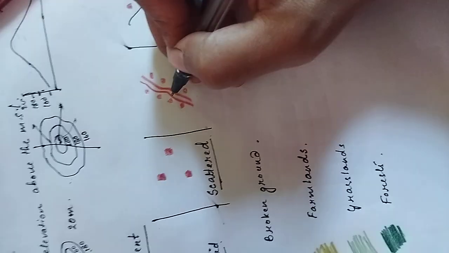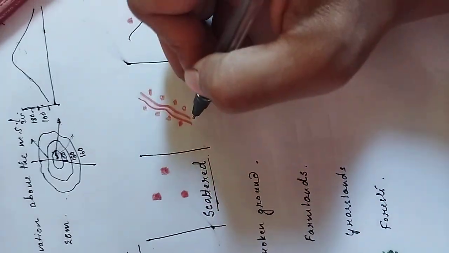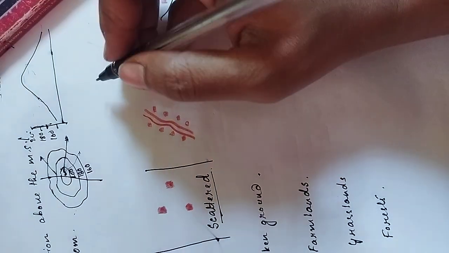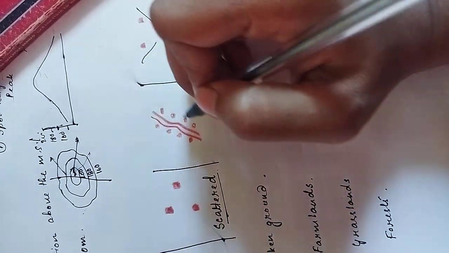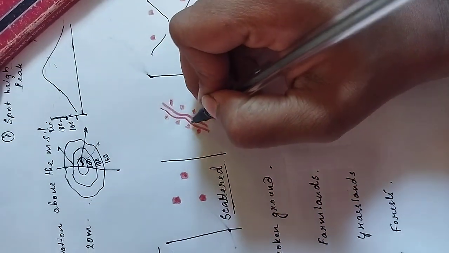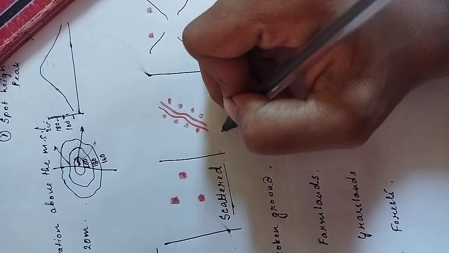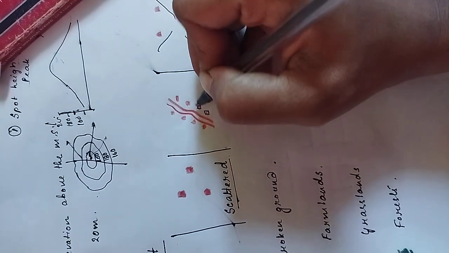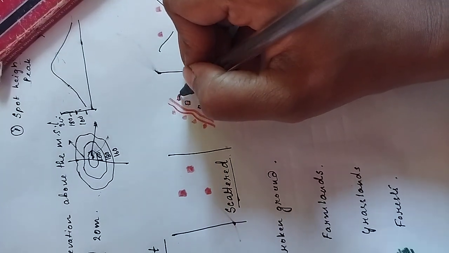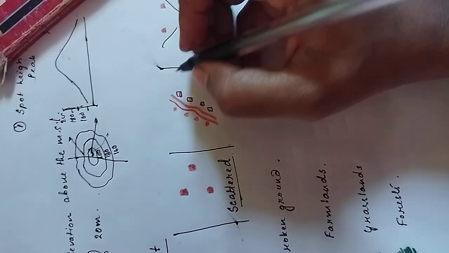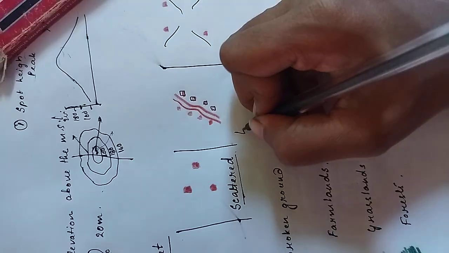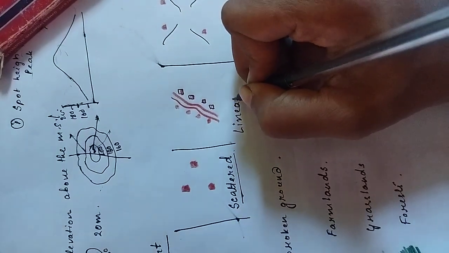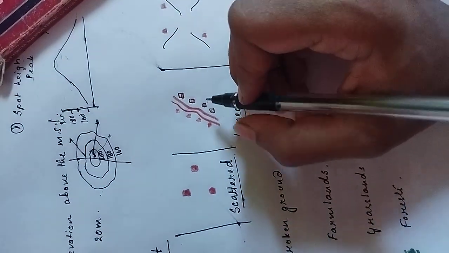If there is a metal road or a river or a stream, anything which is denoting a line kind of feature, and the settlements are just located beside that particular feature like this, then we can call it a linear settlement, because the settlement develops in a line.